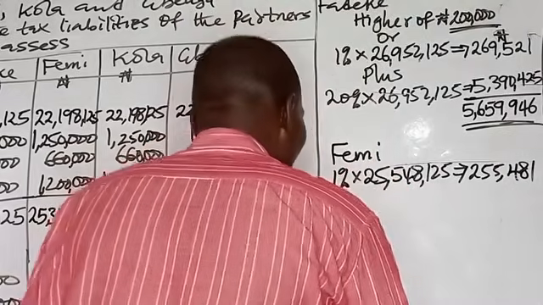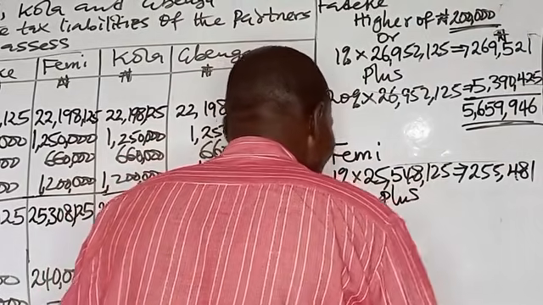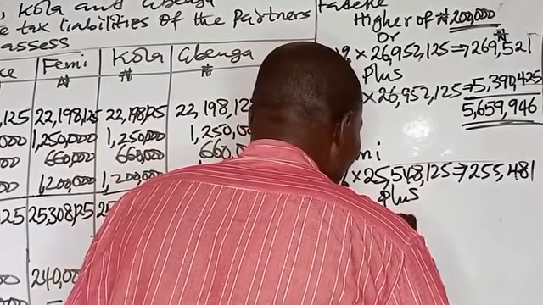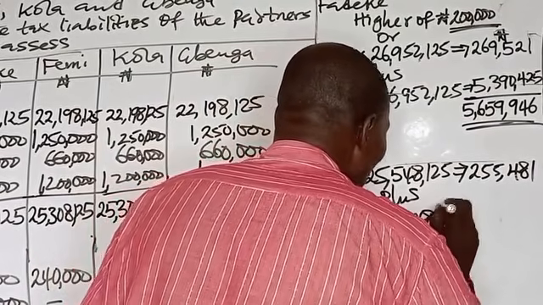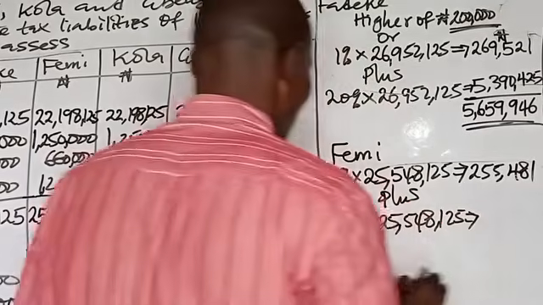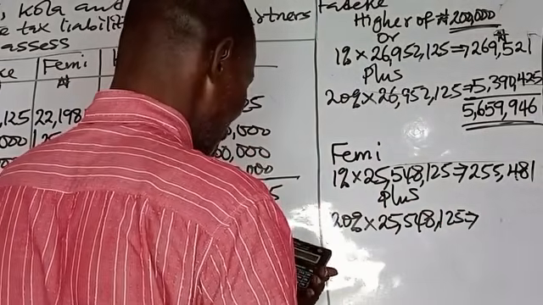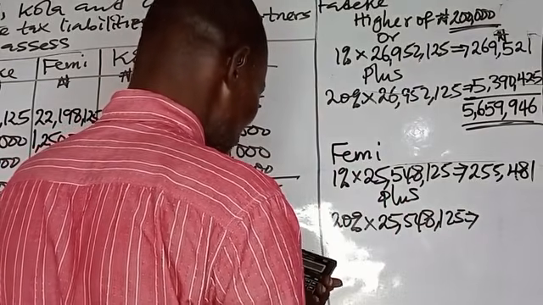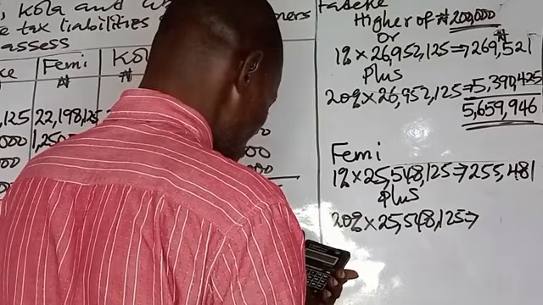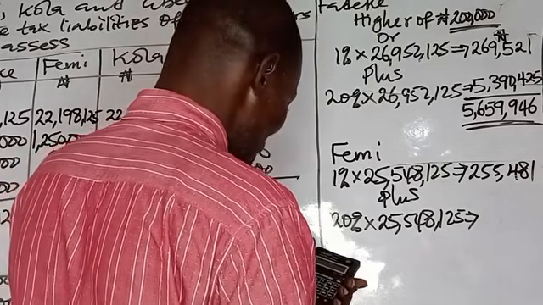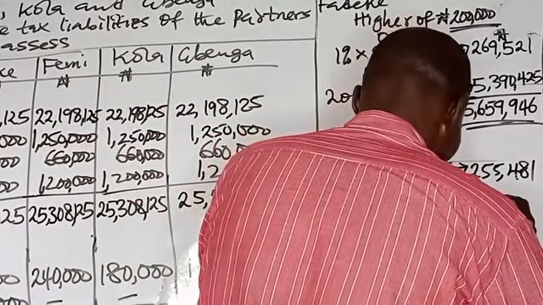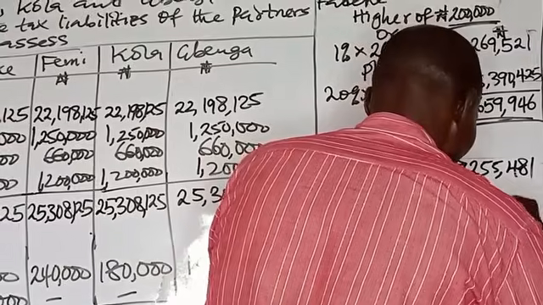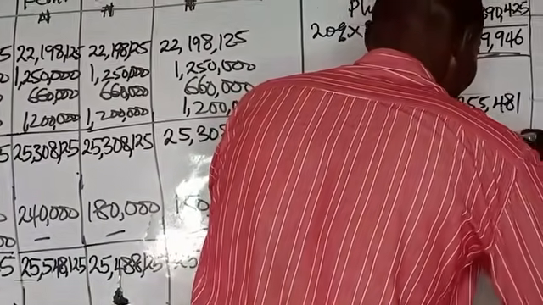So then plus 20% of gross income. Gross income is 25,548,125. 20% of that gives us 5,109,625.